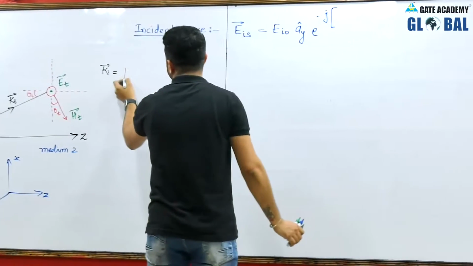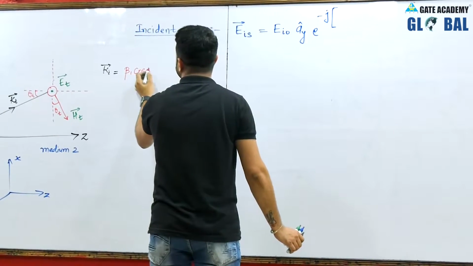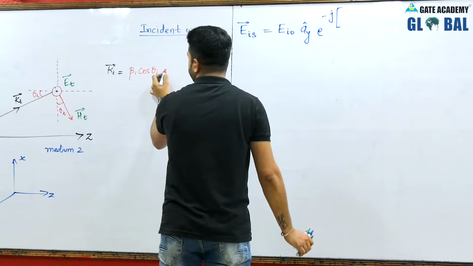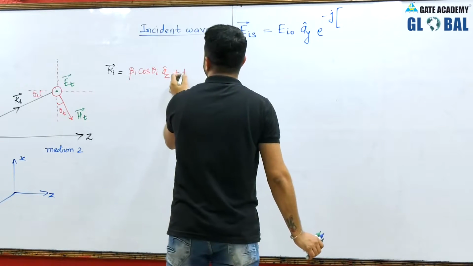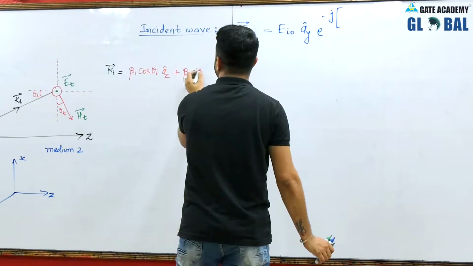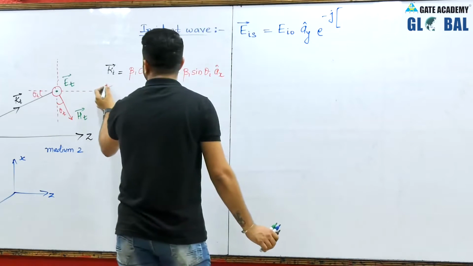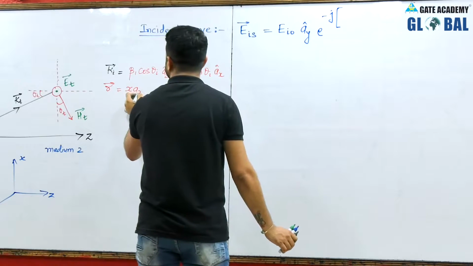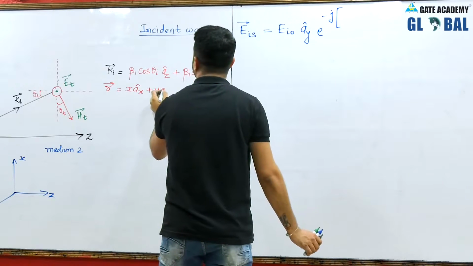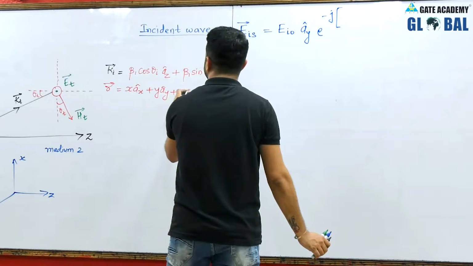So beta 1 cos theta I in the z direction and beta 1 sin theta I in the x direction. And we know that r will be the same, x ax plus y ay plus z az.